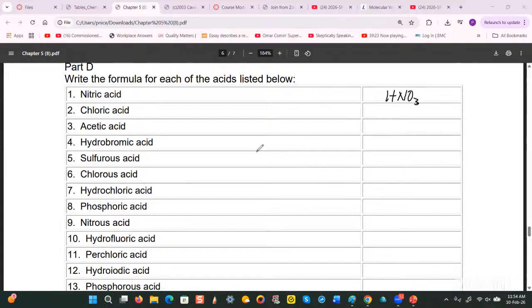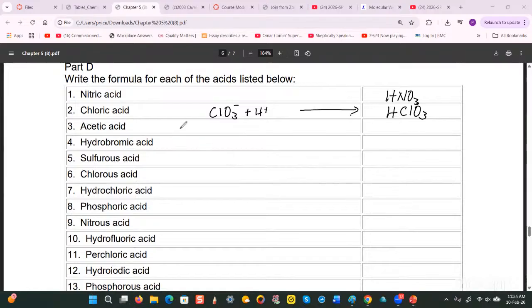And then based on that, you can determine what the formula for chloric acid is. HClO3 is indeed correct because the chlorate ion is ClO3 minus. So you have to add an H plus to that to get the formula for chloric acid.